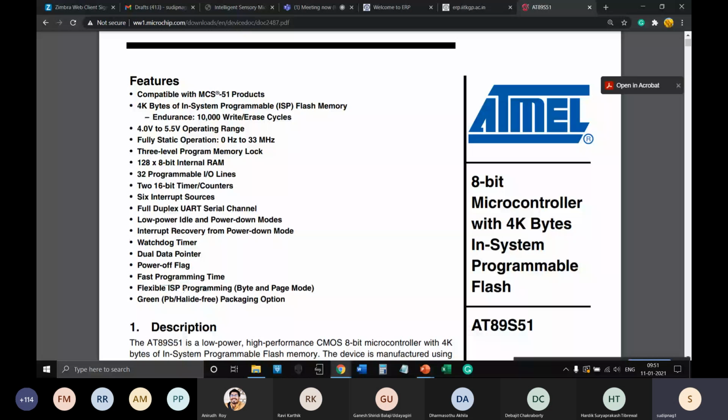So it is in byte or page mode. I was talking about page and segment sometime back with the memories. Page means a group of bytes, and segment means a group of pages. These are related to the organization of memory, how the memory locations are arranged. And then environment friendly options are used such that it doesn't operate with hazardous chemicals.